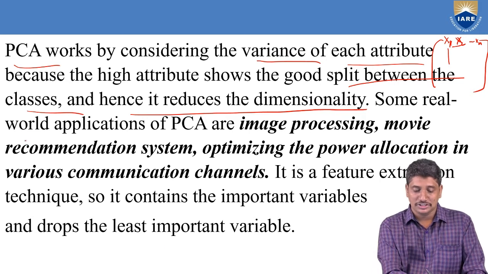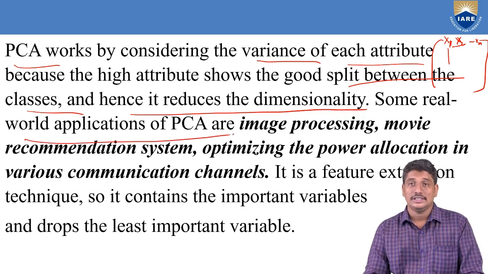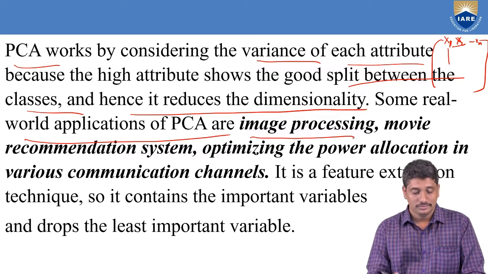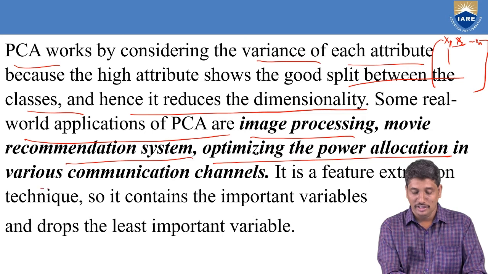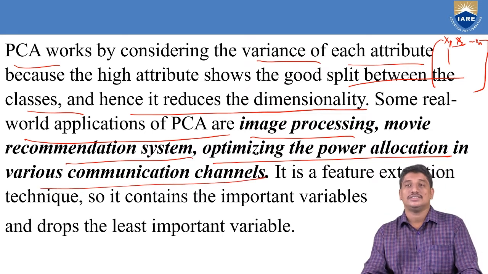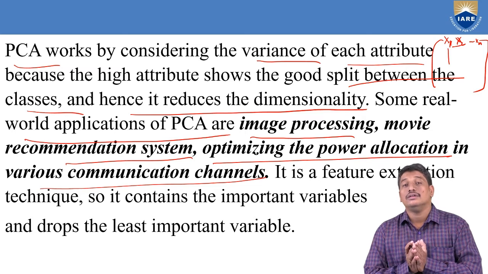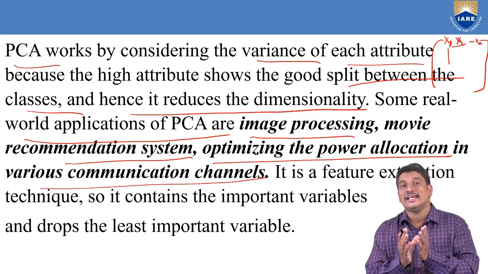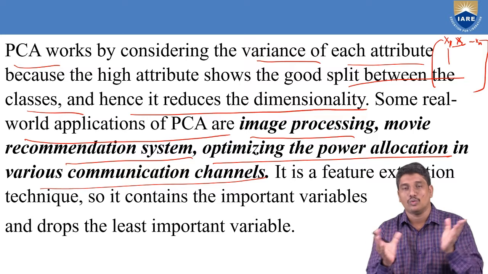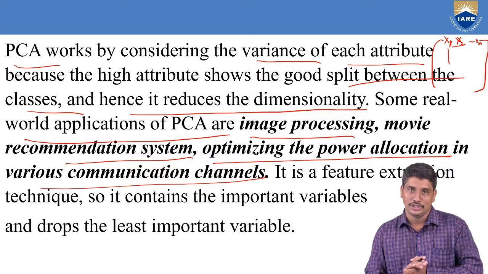The real world applications of PCA are image processing, movie recommendation systems, and optimizing the power allocation in various communication channels. In image processing, we can process an unclear image into a clear one by using principal component analysis.